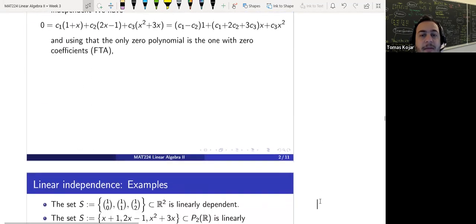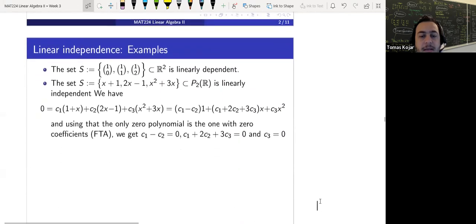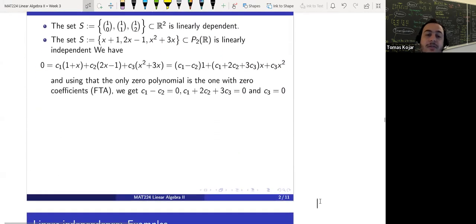So we use the fundamental theorem of algebra and we get the following relations. We get C1 minus C2 is 0, the first one, second one, and third. So this is a system, and you solve that 3x3 system. But it's an easy system because you have C3 is 0, so you put it here. So then you get that these two are 0, but then they're equal.